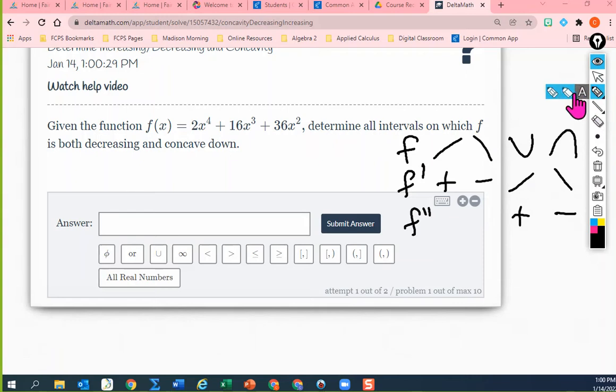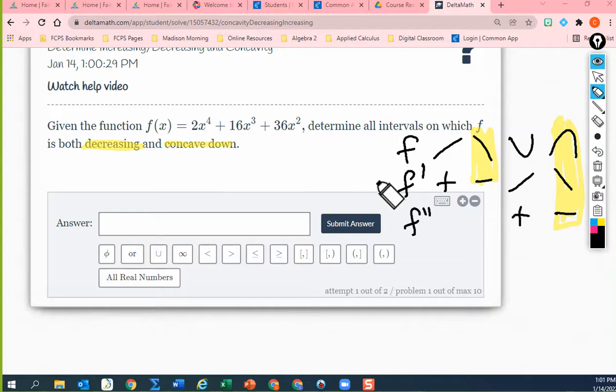So I want to find out where f of x is decreasing and concave down. So I want this one. So I have two number lines. All you're going to do is find the number line and use it to interpret the answer.